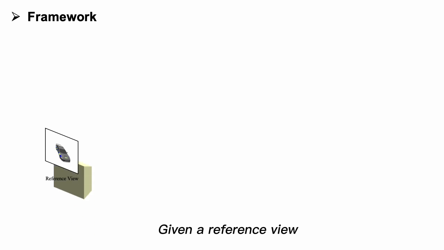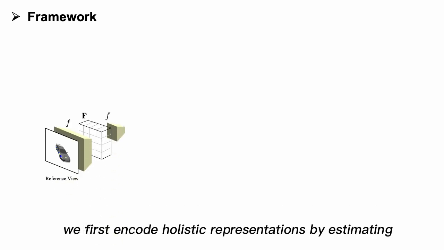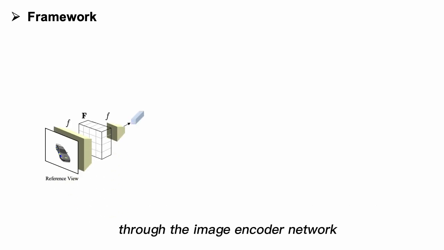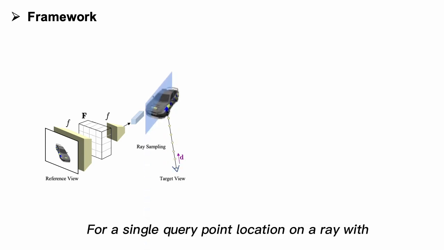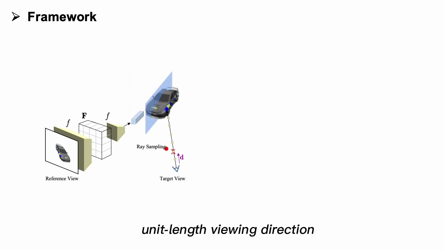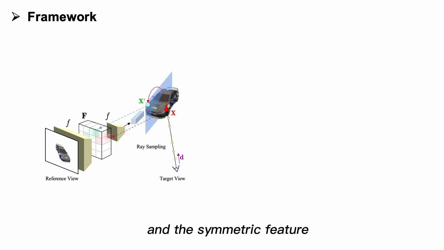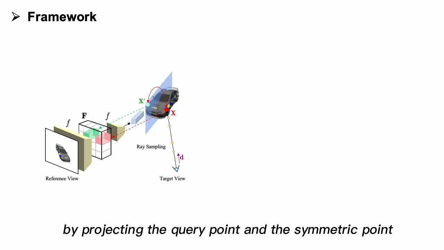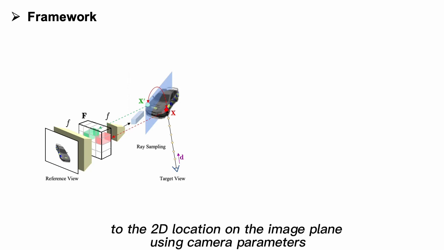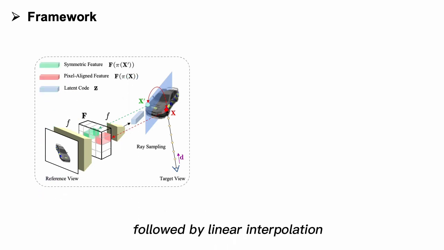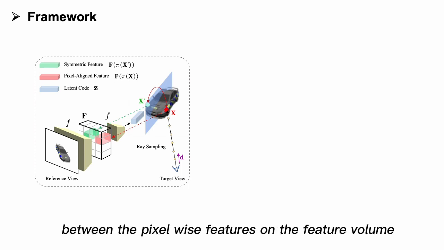Given a reference view, we first encode holistic representations by estimating the latent code Z through the image-encoder network. For a single query point location on a ray with unit-length viewing direction, we acquire its symmetric counterpart using the 3D reflection symmetry property. We then obtain the pixel-aligned feature and the symmetric feature by projecting the query point and the symmetric point to the 2D location on the image plane using camera parameters, followed by bilinear interpolation between the pixel-wise features on the feature volume.